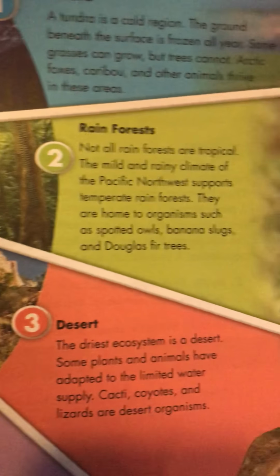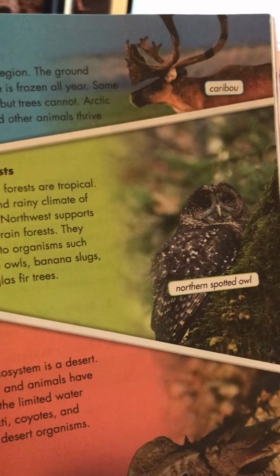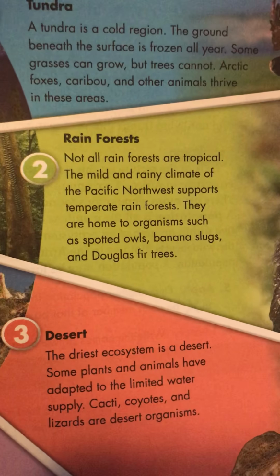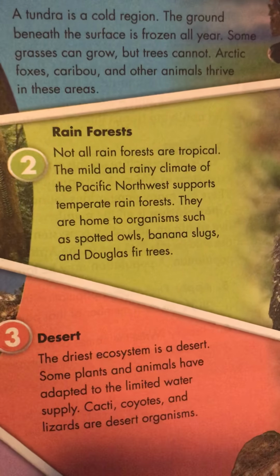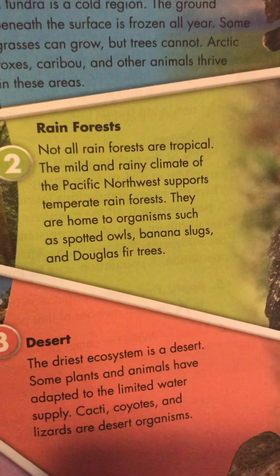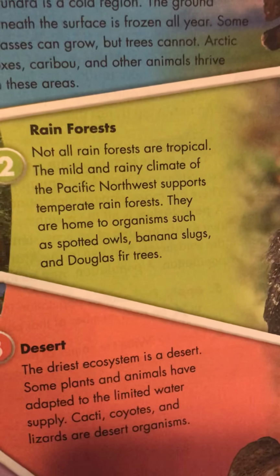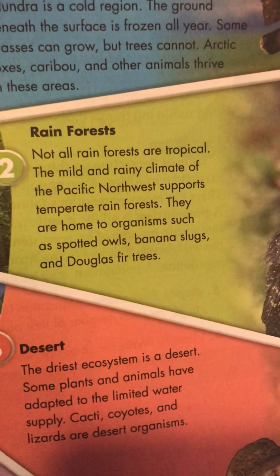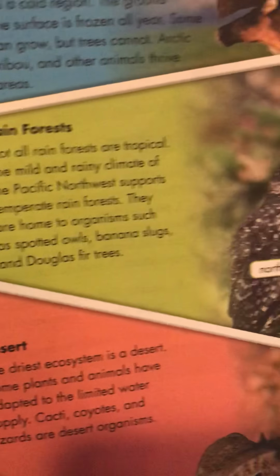Rainforests. Not all rainforests are tropical. The mild and rainy climate of the Pacific Northwest supports temperate rainforest. They are home to organisms such as spotted owls, banana slugs, and Douglas fir trees.